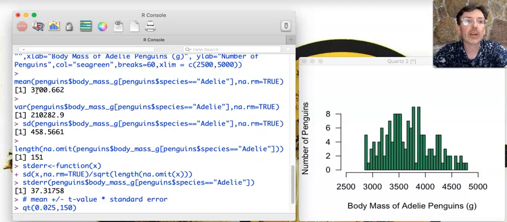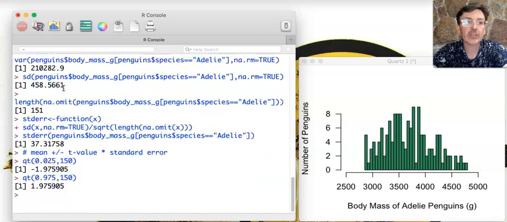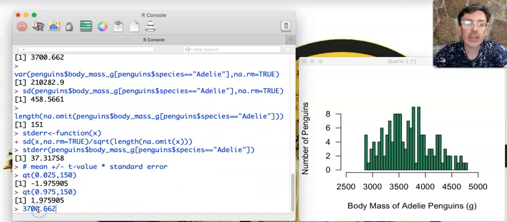So we would take our mean value, which is 3,700, and then we're going to start by getting our upper confidence interval. We're going to add the t-statistic times the standard error. It's right there.